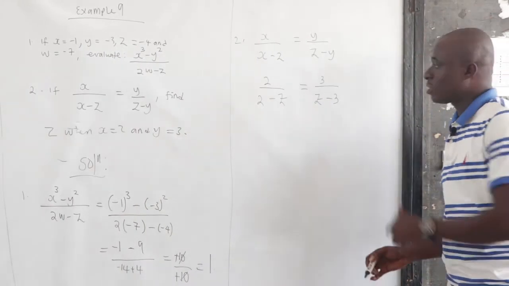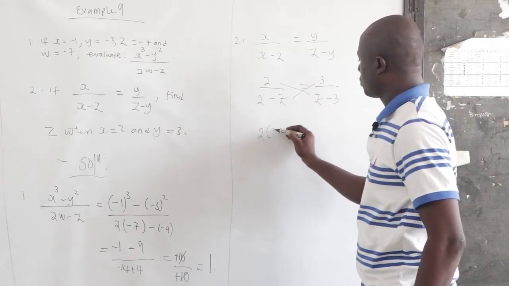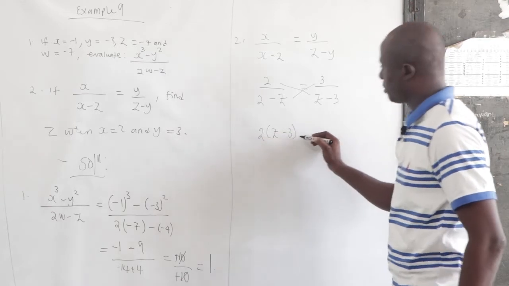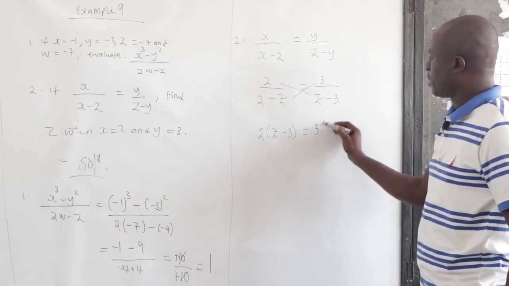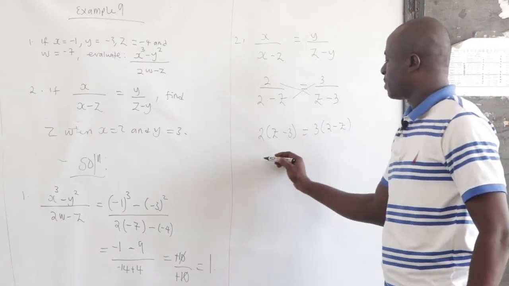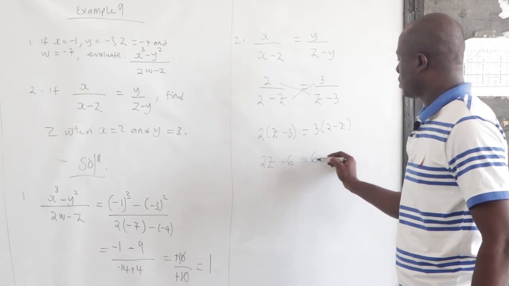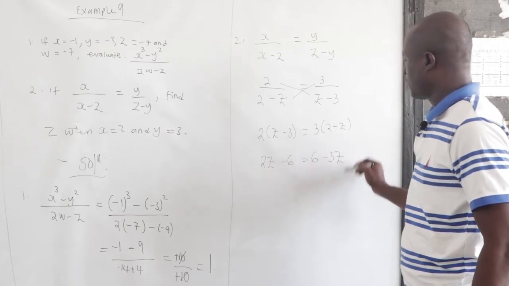We want to find z. What can we do? We can cross multiply. So you have 2 times z minus 3 equal to 3 times 2 minus z. When you expand, you get 2z minus 6 equal to 6 minus 3z.